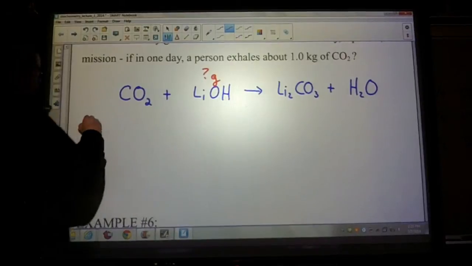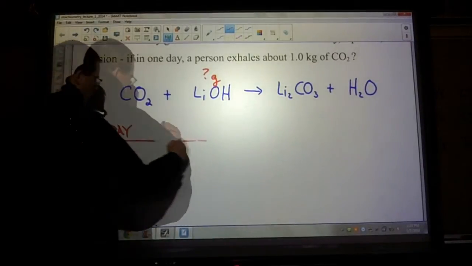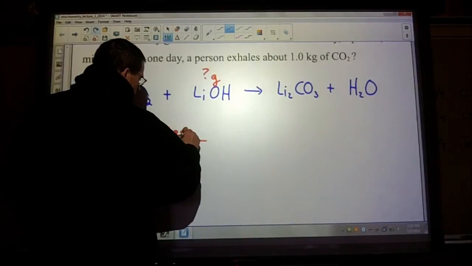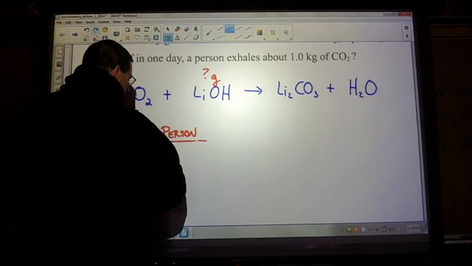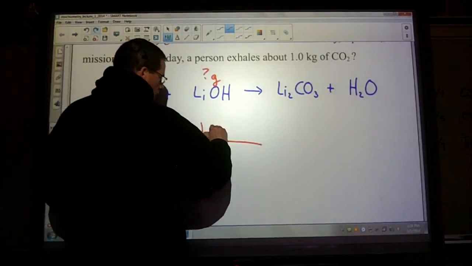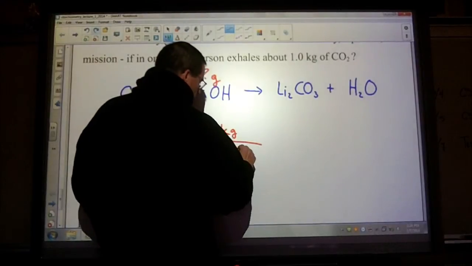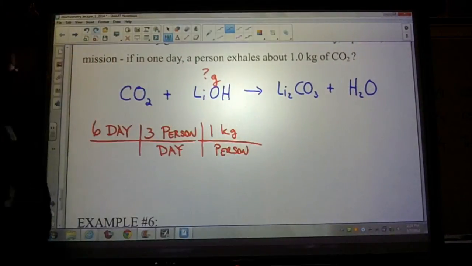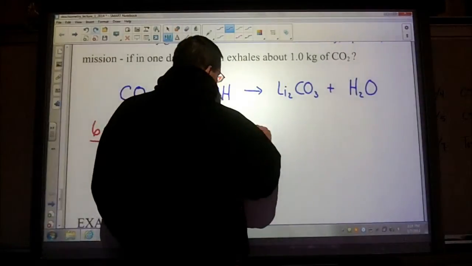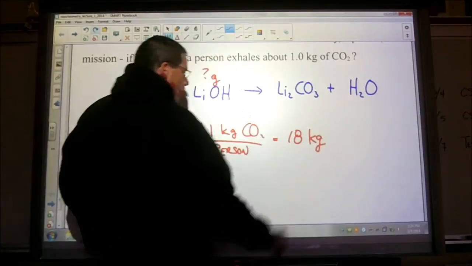We have a 6-day mission, 3 people, and per day they're exhaling 1 kilogram per person of carbon dioxide. So how many kilograms of carbon dioxide should we be concerned about? 18. Yeah, so that's probably a good thing to know.